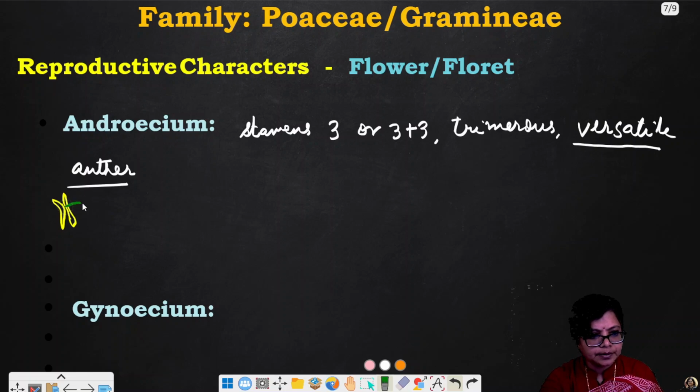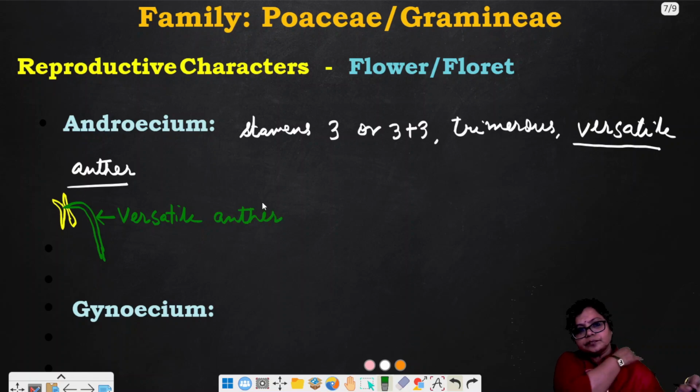Dorsifixed filament, and it helps to swing in the air. Right. Dithecous.